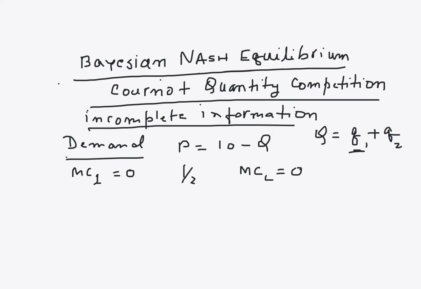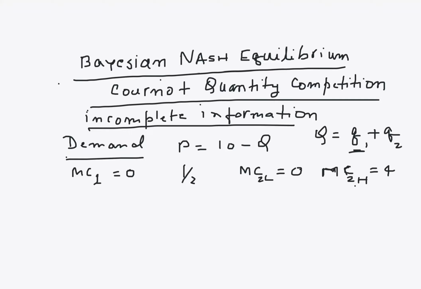And MC_2H, the marginal cost of the high cost type of firm 2, is $4 per unit, okay? So that's the cost information we have.